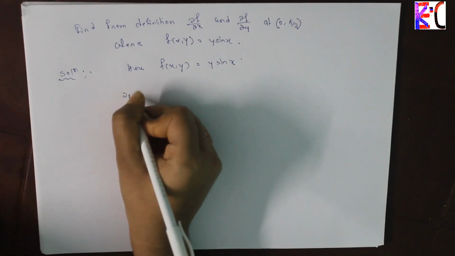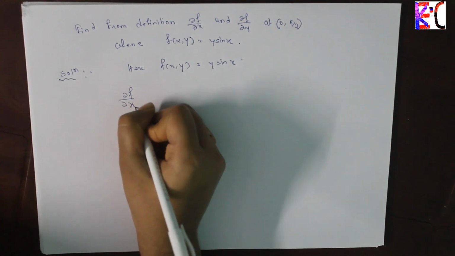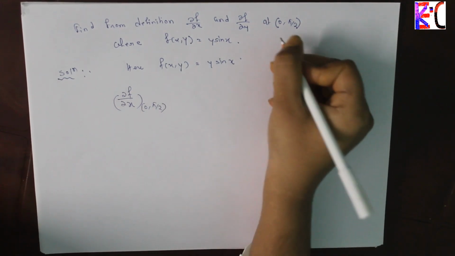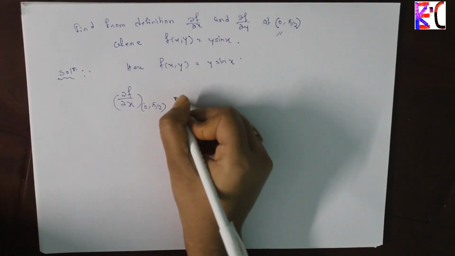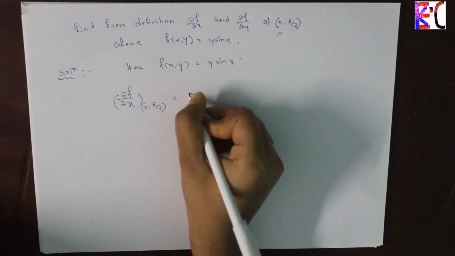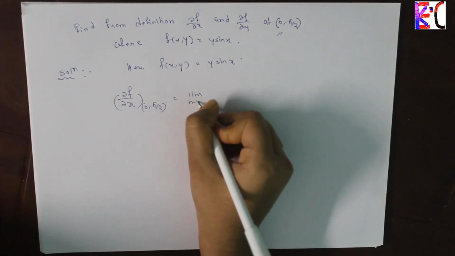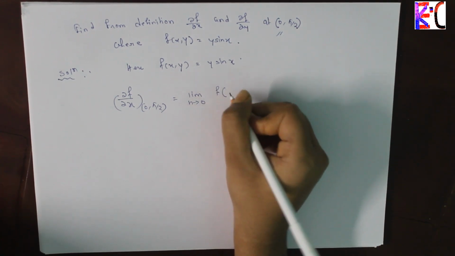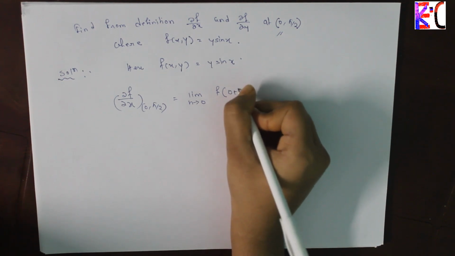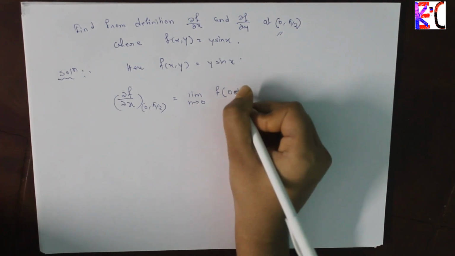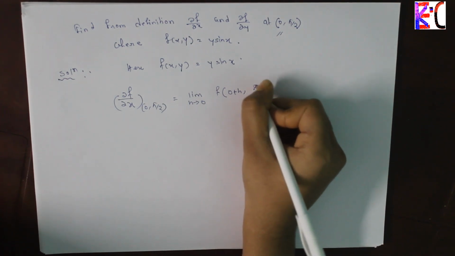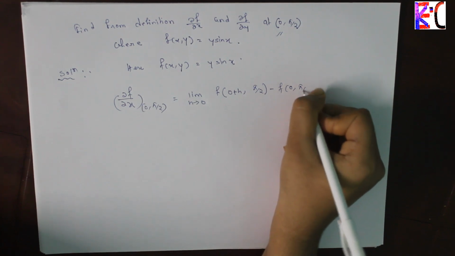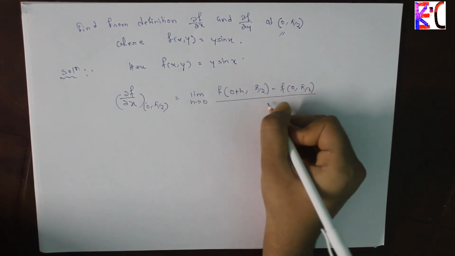Firstly, I will show you del f del x at 0, pi by 2, which equals the limit h tends to 0 of f of 0 plus h comma pi by 2 minus f of 0, pi by 2, by h.